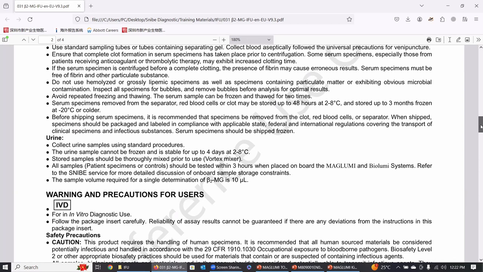If you see the collect urine sample section in the package insert, they recommend you to test within 3 hours. But if you want to store the urine for more than 3 hours, you need to use a preservative.